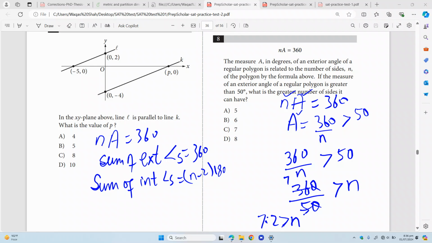We cannot have a decimal or fraction in the number of sides. So the number less than 7.2 is 7, so n will be equal to, greatest number will be equal to 7, so there will be 7 sides, okay. I hope it's clear.